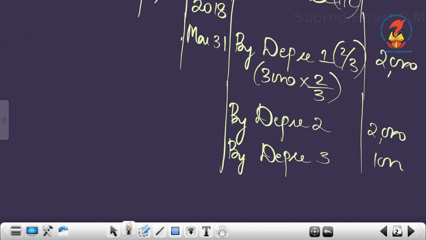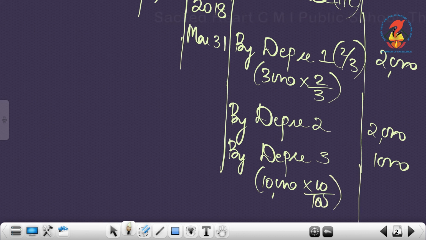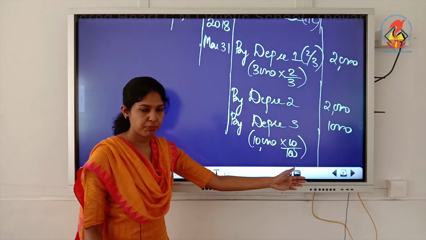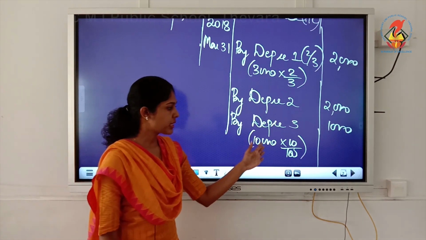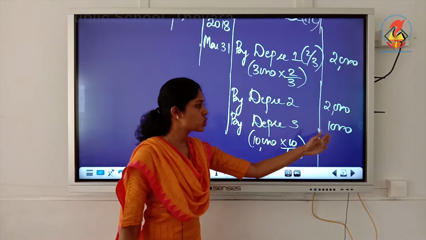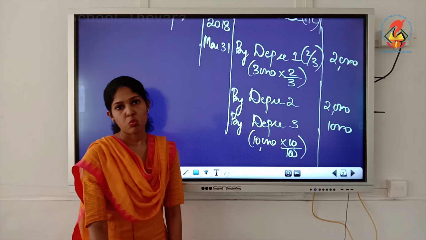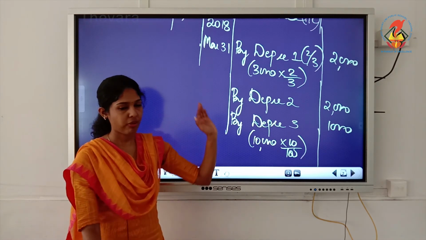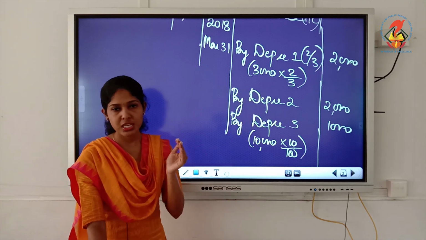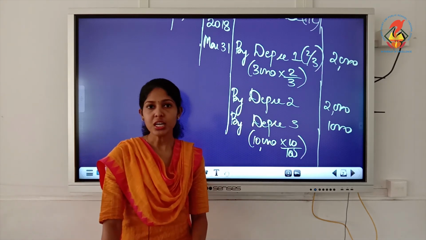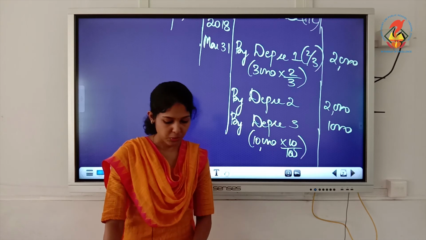It will be 1000, that is 10,000 into 10%. Now it has completed 1 year, you don't have to consider the time period, it will be 12 by 12, the time period is 12 months. So depreciation 3 will be 1000. Understood? So when it is straight line method, always look into the previous year's depreciation, take the same figure but consider the time period and all.